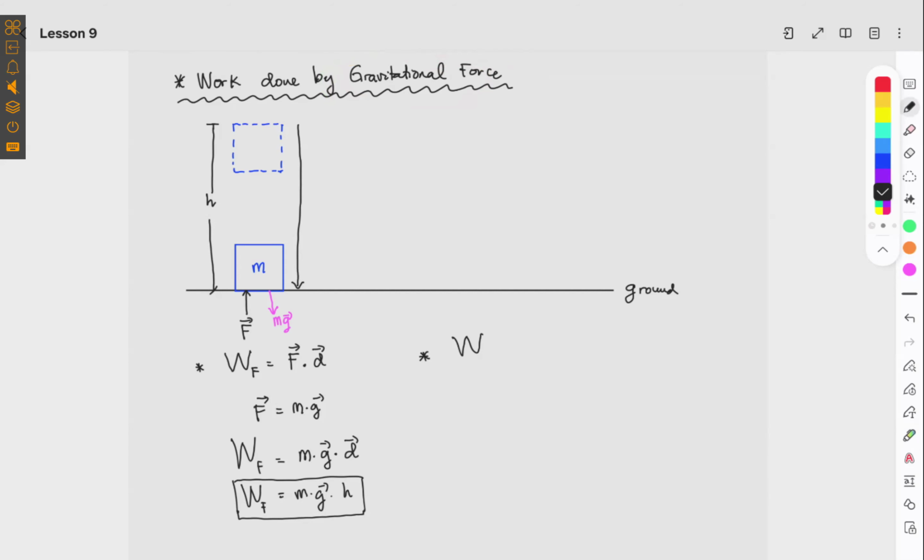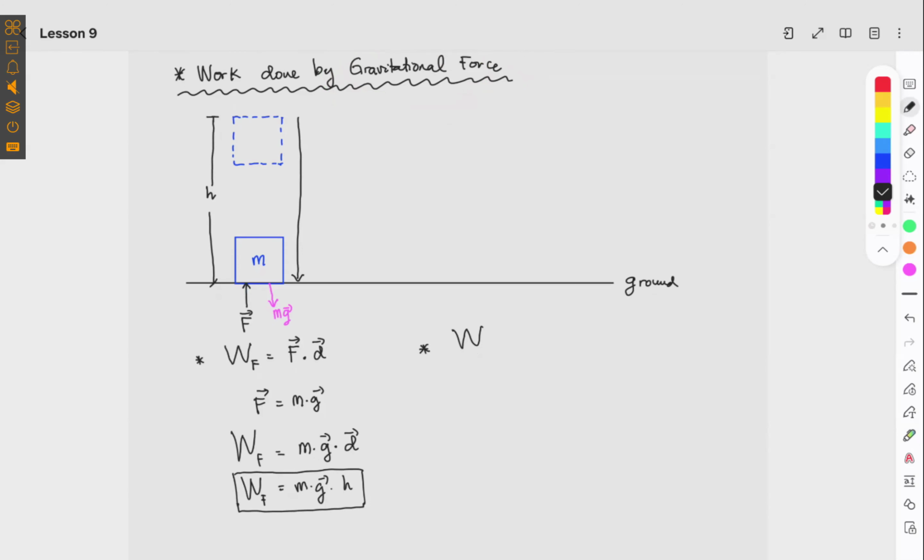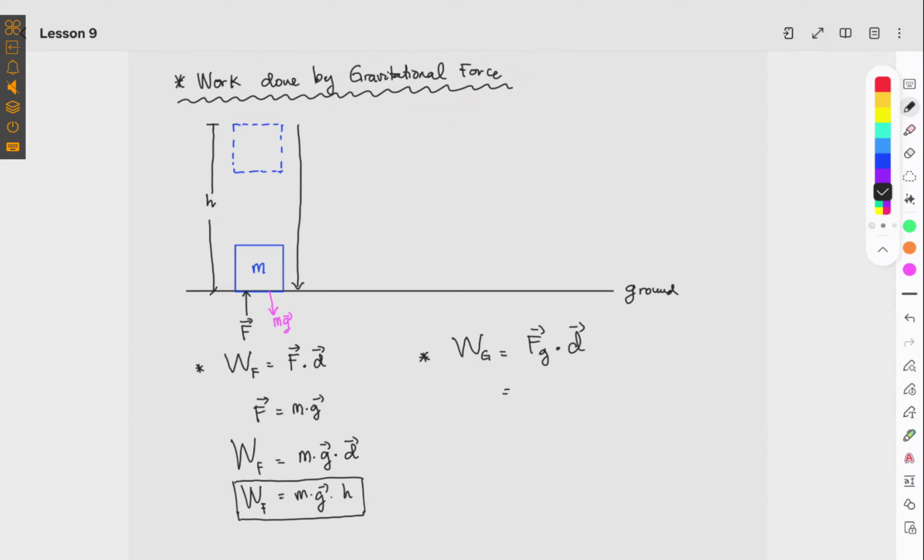Okay, so let's call this the work done by the gravitational force. It's equal to the force of gravity multiplied by the displacement. The force of gravity is just simply the mass times gravity.